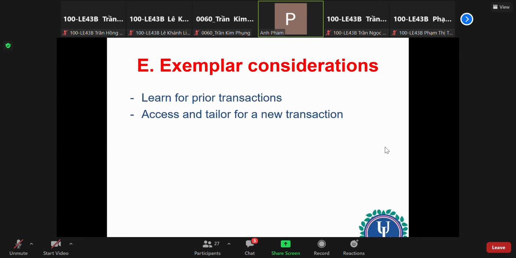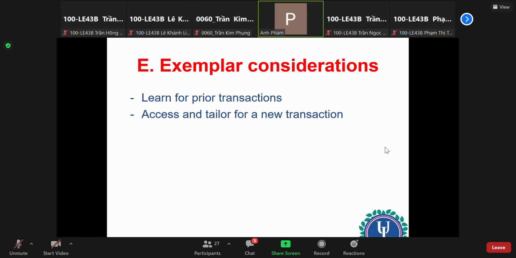Just around 3 years ago, I worked for a Korean law firm. They had just set up in Vietnam. When they asked me to draft a contract, of course, they didn't have templates. Then this was their question to me: they want to draft a contract like this and like that, do you have any sample?